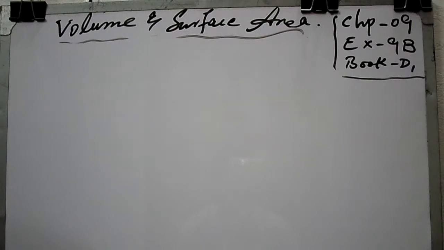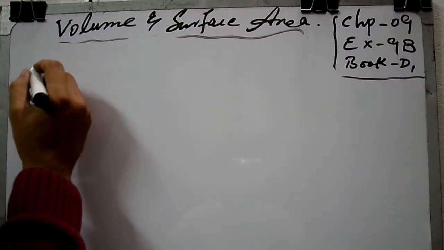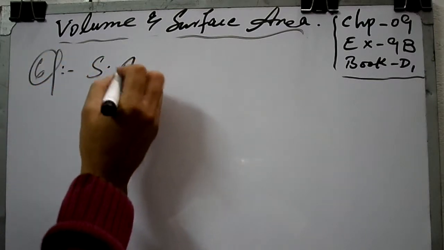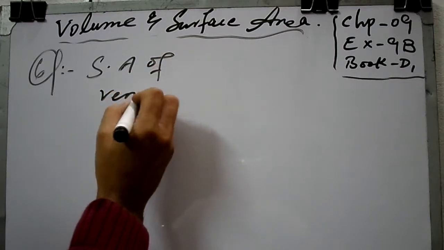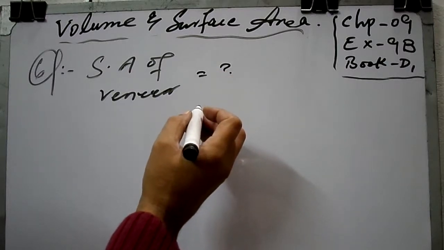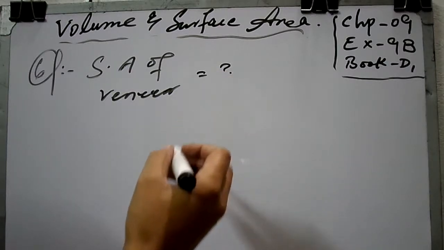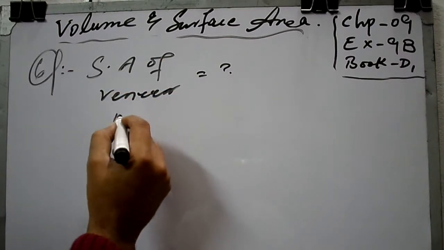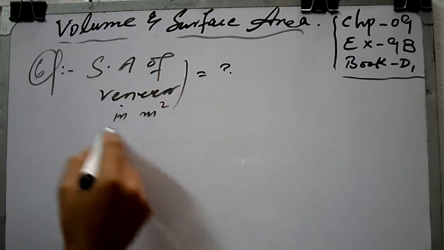So the area that is needed here is, for example, the surface area of veneer. In question number 6, we have to find the surface area of veneer in square meters.